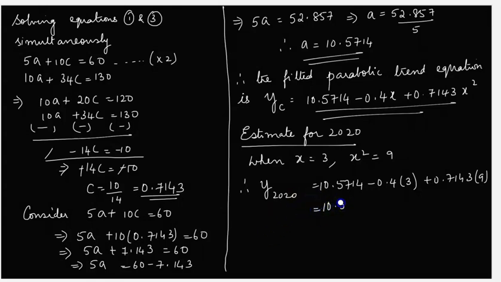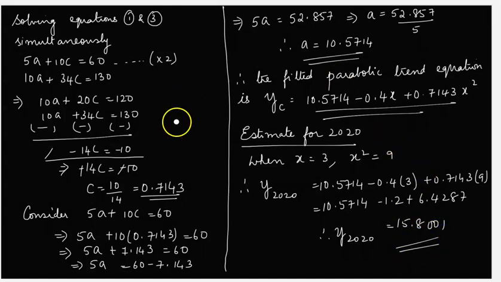So which is 10.5714 minus 1.2 plus 6.4287. So therefore y 2020 is equal to 15.8001. So if you take 2 places, only 3 places after the decimal, there'll be a slight variation in the final answer, but the marks will be allotted.